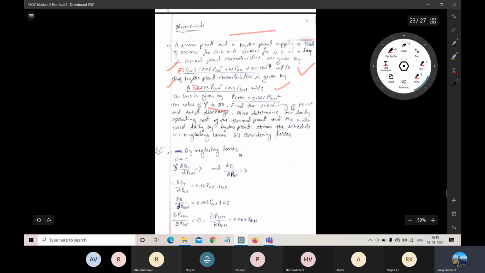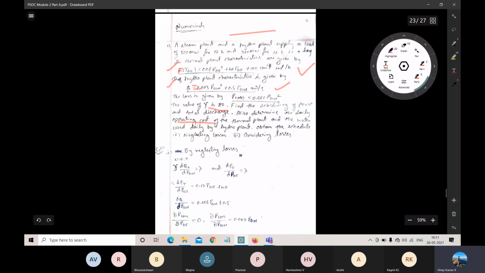We need to find PGH, PGT and Q naught, the total discharge. Also determine the daily operating cost of the thermal plant and the water used daily by the hydro plant. So we have to find the amount of water that flows out of the reservoir, and also calculate the operating cost.